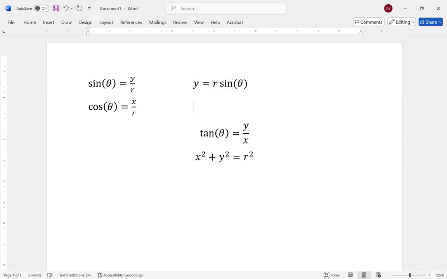And then in this next equation, you usually find x when you're dealing with that second equation. So we rewrite that as x equals r multiplied times cosine of theta.